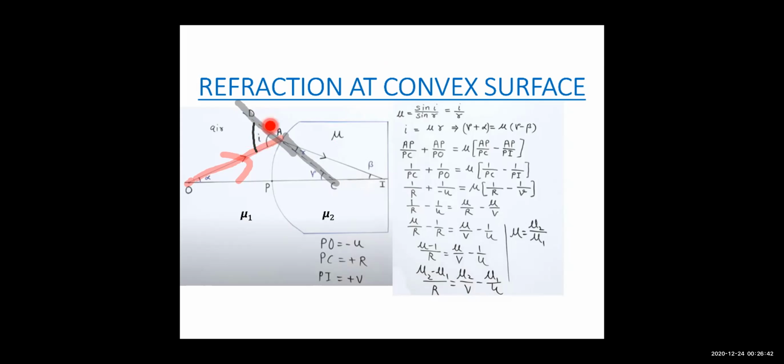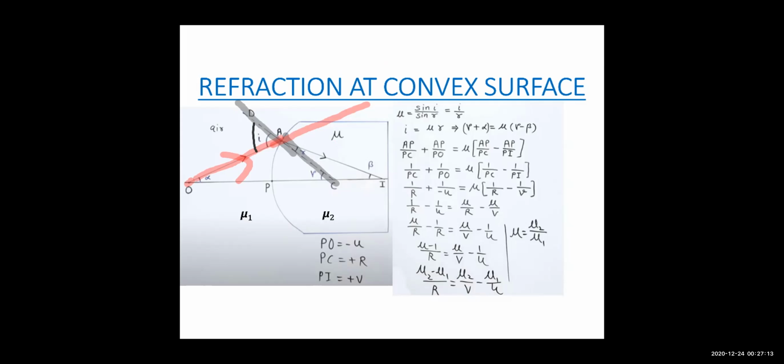Right? Now as the ray of light OA is going to enter from rarer medium to denser medium, it will suffer refraction. If the second medium was not there, children, then the light would have gone straight like this, right? But as the second medium has the higher refractive index, the light is going to bend towards the normal.